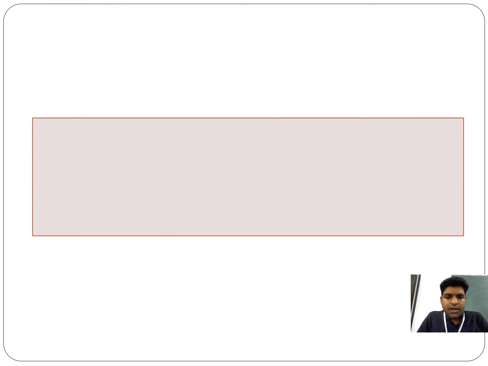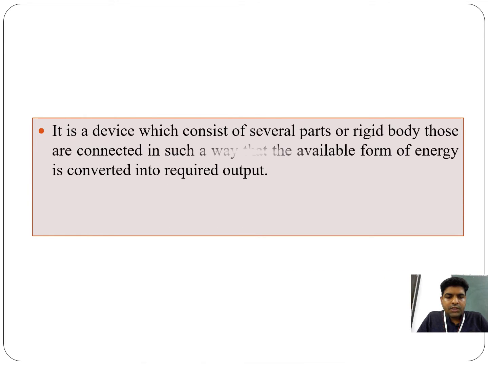Now we first understand what is a machine. It is a device which consists of several parts or rigid bodies that are connected in such a way that the available form of energy is converted into the required output.